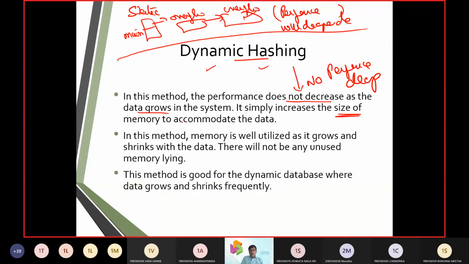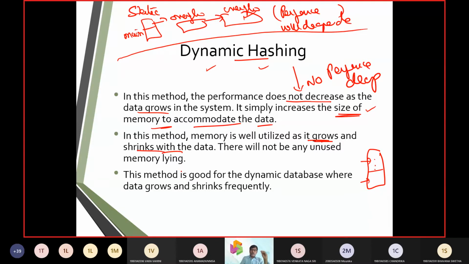And the second thing: whenever there is demand, it enlarges itself, thereby accommodating the data. So the bucket size will drastically improve from one position to another, and it is mapped with a pointer value, which we will see with an example. Memory is utilized as it grows or shrinks.